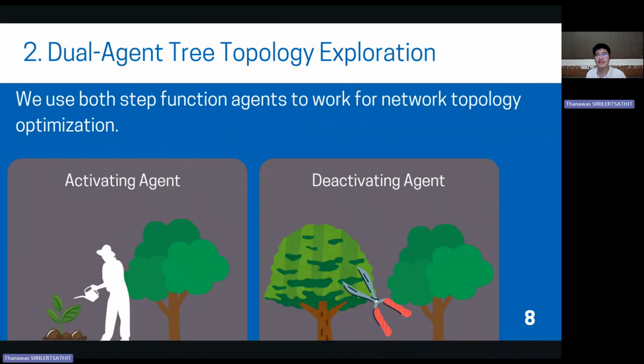So in summary, we use both step function agents to work together for network topology optimization. The first one grows the tree, and the next one trims the tree, or pruning.